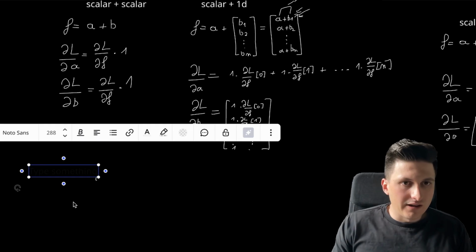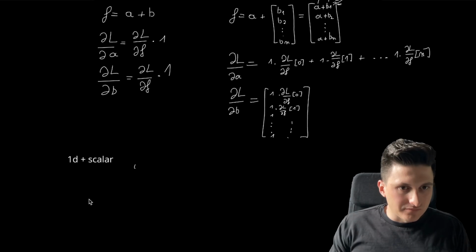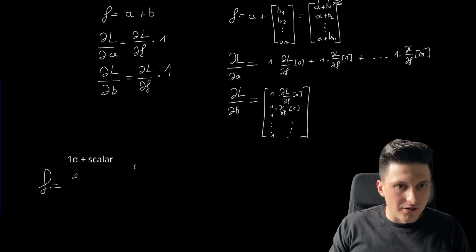And also for the 2D tensor, the gradient is just the parent gradient, as this is also a flattened 2D vector. Okay, let's consider some other cases, because we can also do 1D plus scalar. In this case, f is the one-dimensional vector a1 to an, and b is just a number.